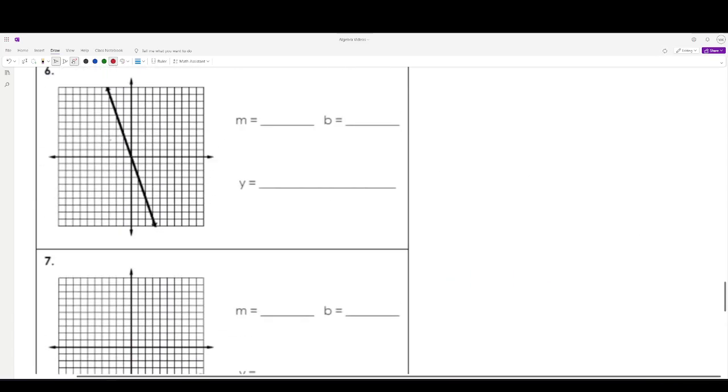On this one, I just want to make sure we're clear on the 0 thing. So our y-intercept is at the origin, so that's 0. So we're going to have y equals negative 3x. It's a steep line. Which is equivalent to y equals negative 3x plus 0, but we don't write the 0.